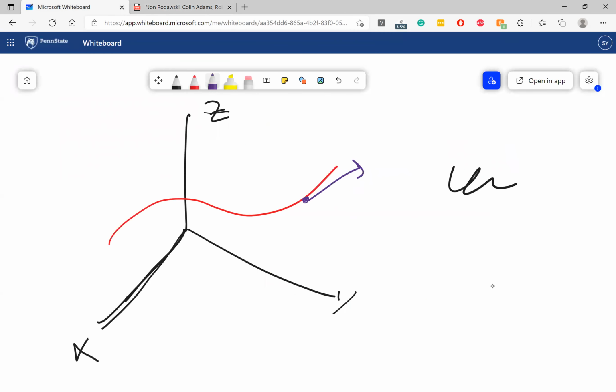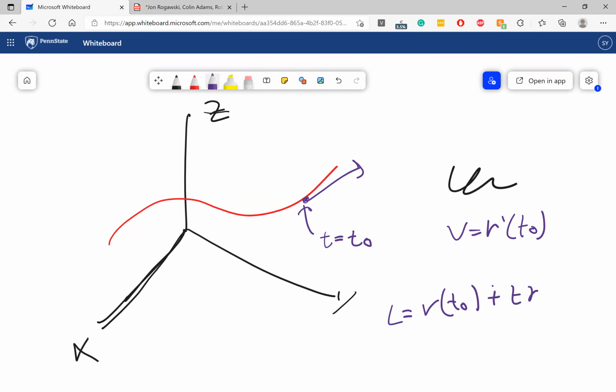This point is when t is equal to t0, and the tangent vector v for our line is r prime of t0. And so the line L is r of t0 plus t r prime of t0.